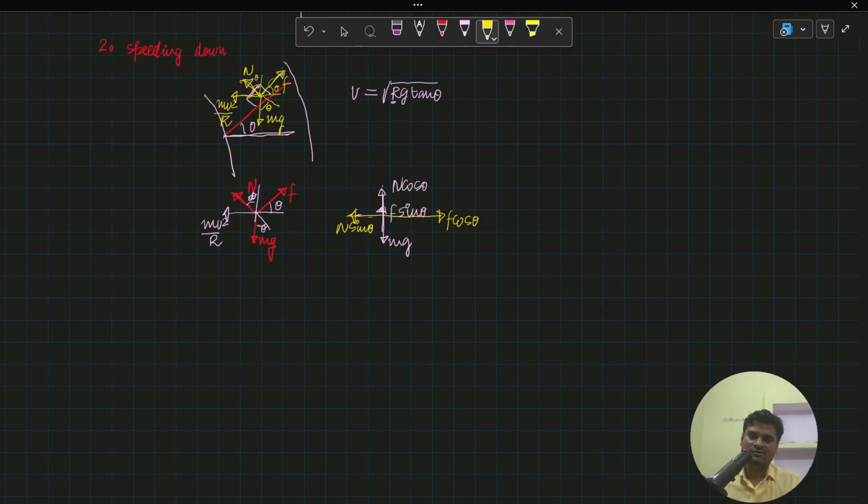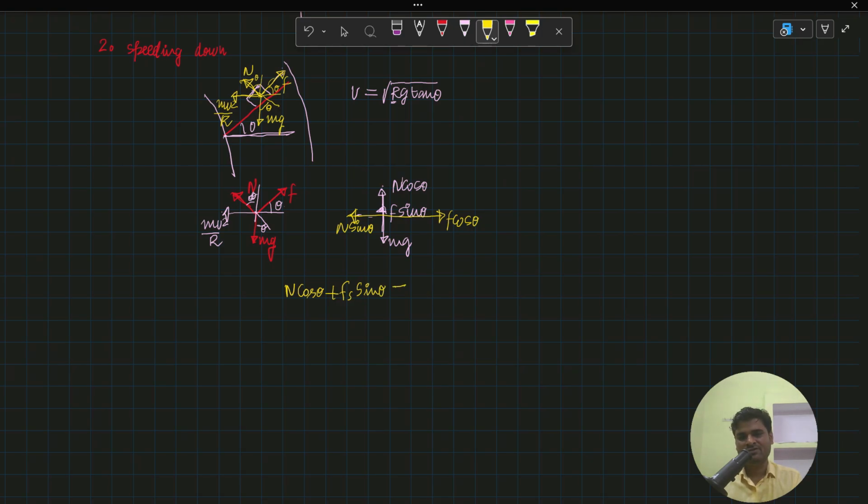In the vertical direction, it should be N cos θ plus fs sin θ, and this should be equal to the weight of the vehicle.